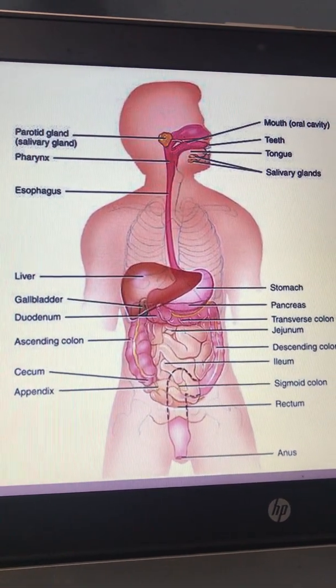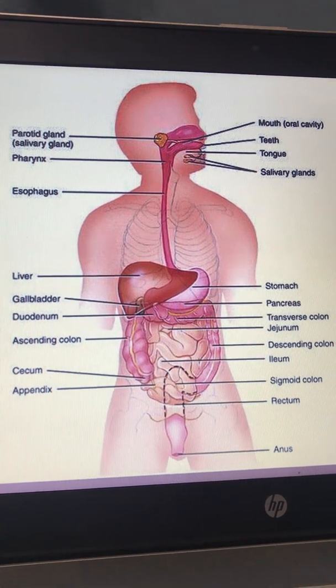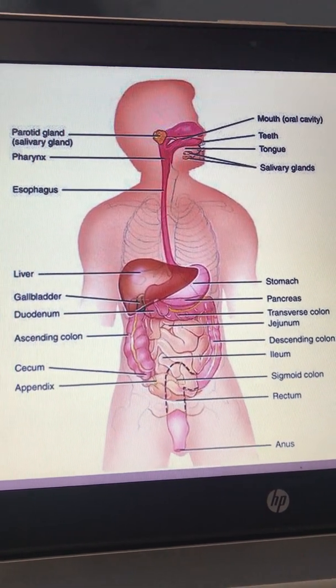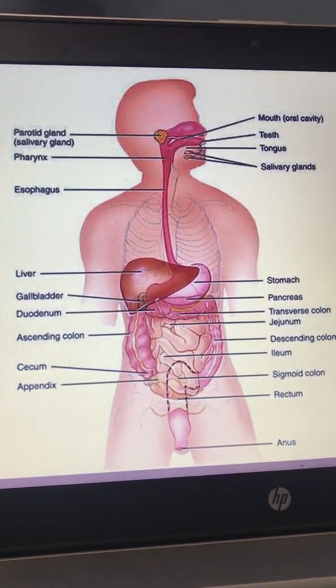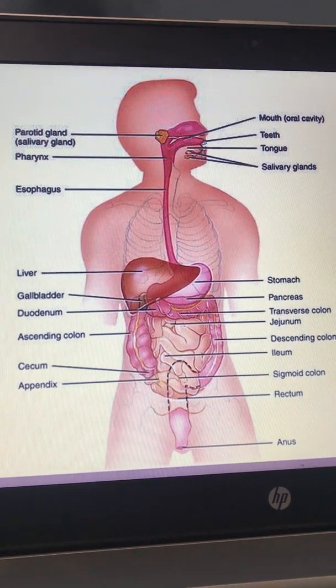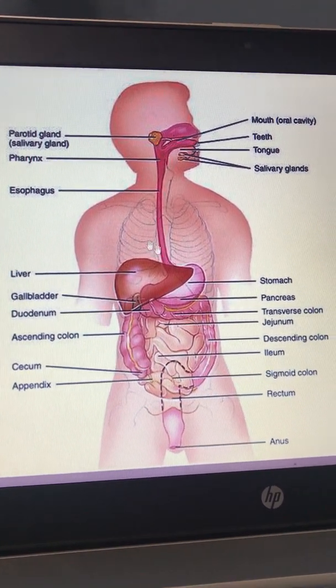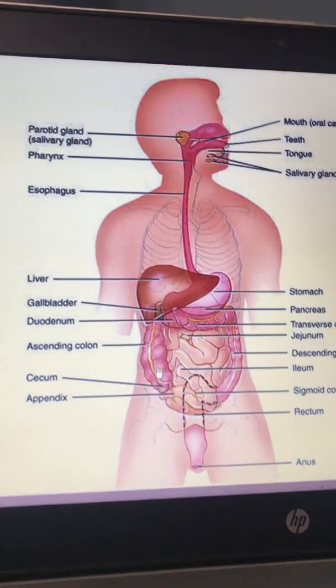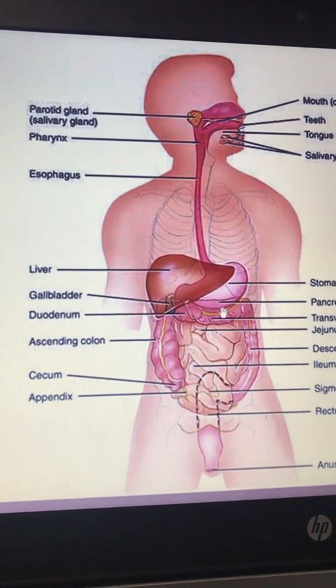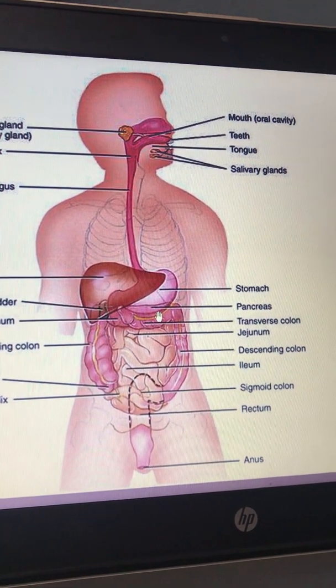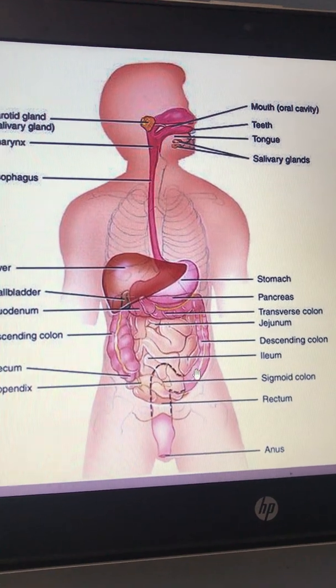The colon is made up of the cecum, ascending colon, transverse colon, and then we have the descending colon here.